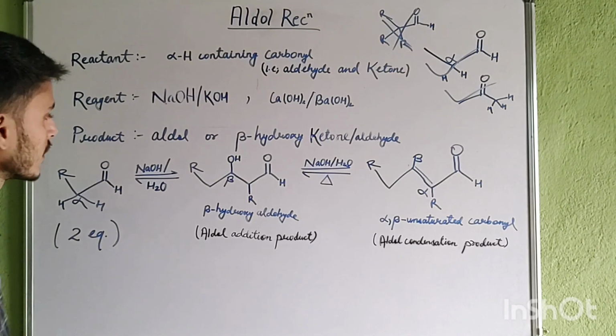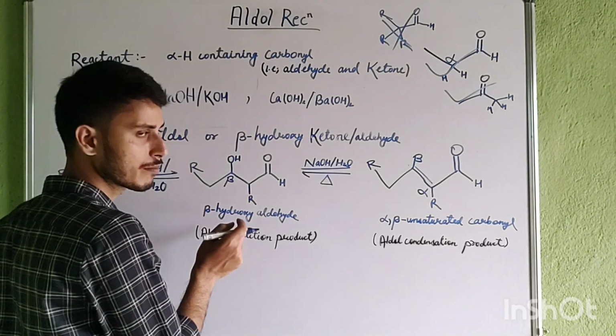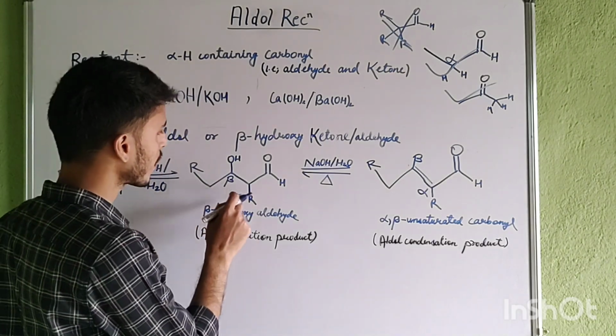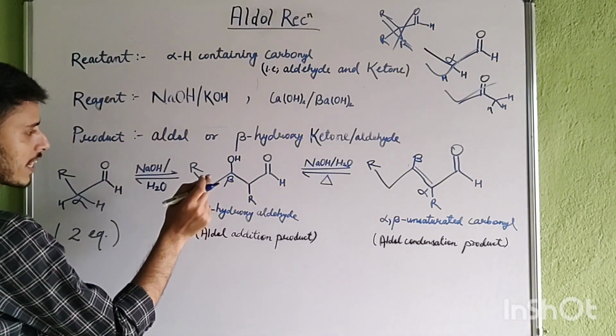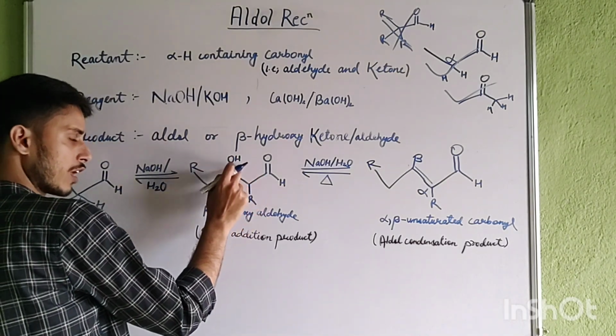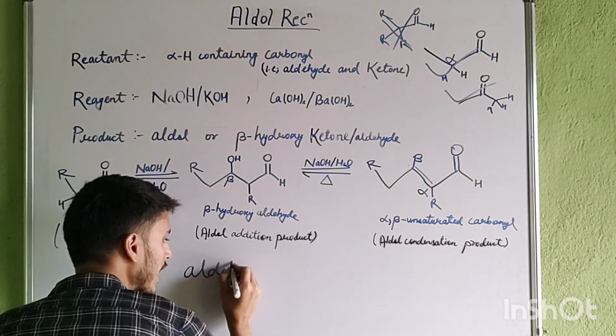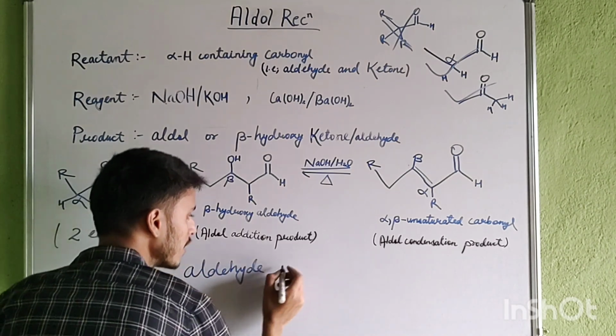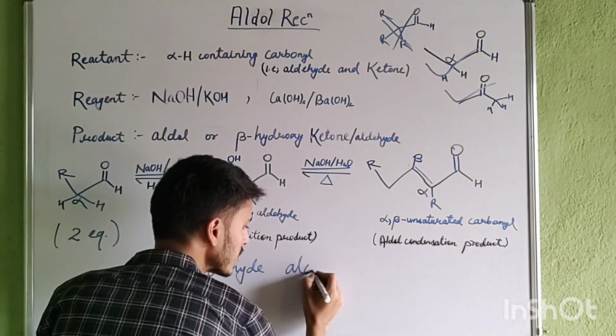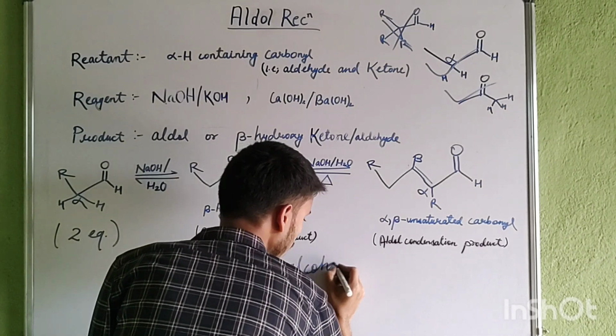One more interesting thing, why we have given the name aldol to this compound is because we have aldehyde, we have alcohol. So let's see here, aldehyde and we have alcohol. This contains aldehyde and alcohol.